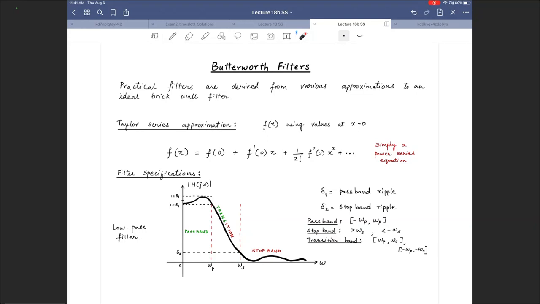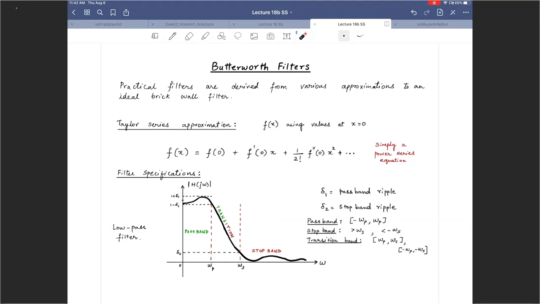All right, let's continue. So at any x0, I can approximate the function by using the Taylor series expansion as we have written over here. For this, what would I need? I would need to evaluate the function at 0. I would need to evaluate its continuous derivatives, so f prime, f double prime, and so on, and multiply each of those derivatives with x or x squared and so on, right?